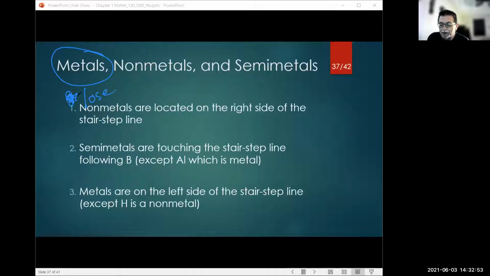I can't write it very well. Lose electrons. Sorry about that. I was thinking of something else. Okay. Non-metals, put this in long-term memory. Gain electrons.